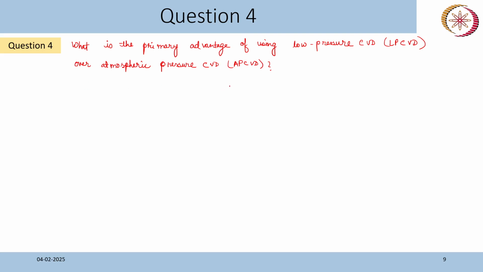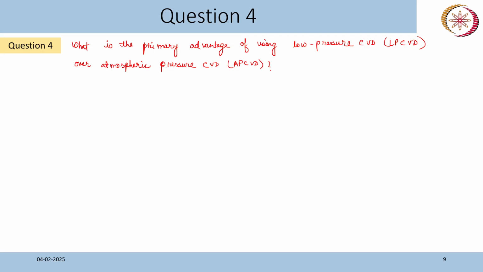To maintain a lower pressure in LPCVD, you need a pump like a vacuum pump to maintain a certain level of vacuum. So that increases the overall cost of your process.